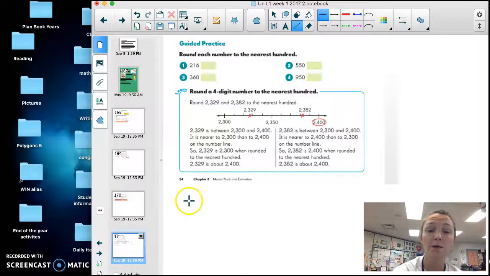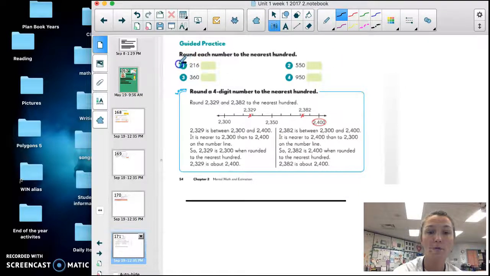If you need to, you can make a number line. For number 1, I am going to put 200 down here, and I am going to put 300 on the other end of my number line.